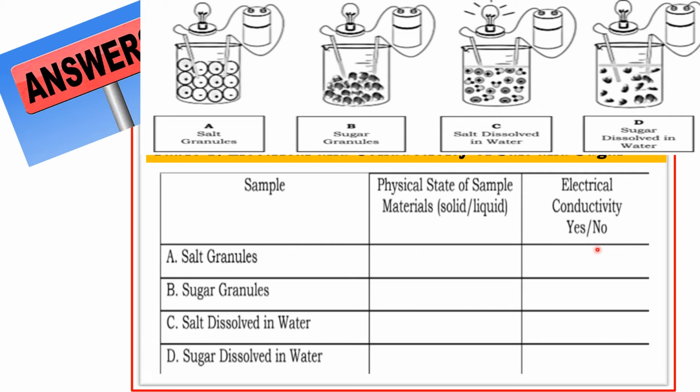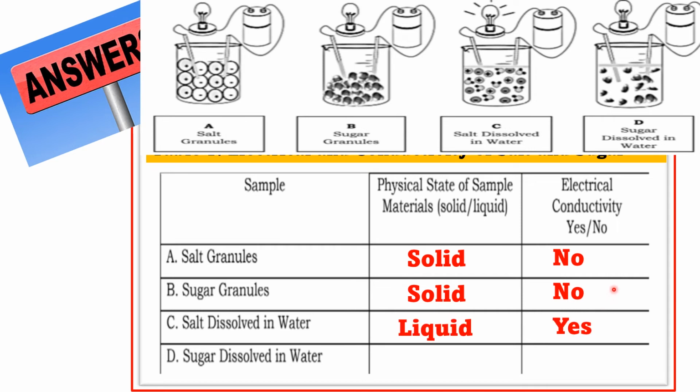Okay, let's start with sample A or setup A. For salt granules, it is in solid state and it does not conduct electricity. For setup B, it is also in solid state and it doesn't conduct electricity.